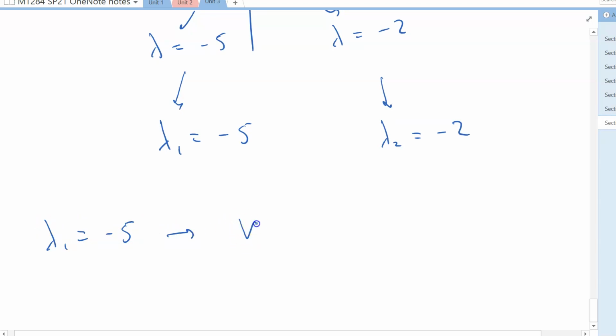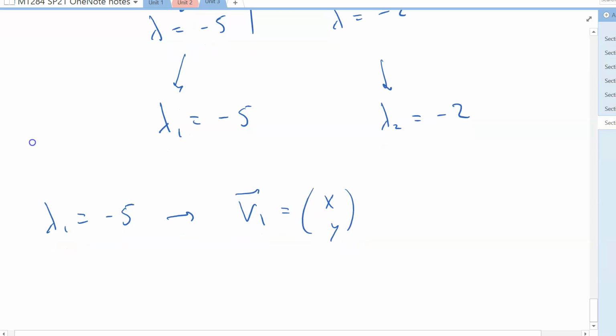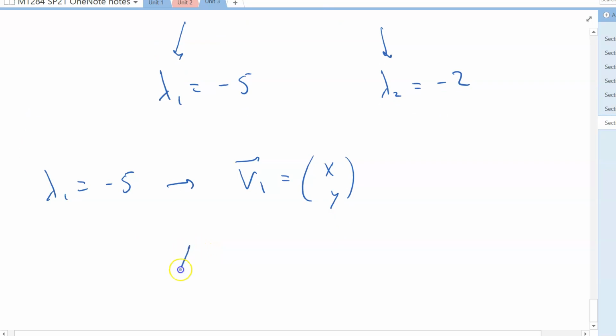We need to find some associated non-zero eigenvector v1, which we don't know right now, so we'll call it a generic x, y, and use the eigenvector condition: A times the vector v1 has got to equal lambda 1 times the vector v1.